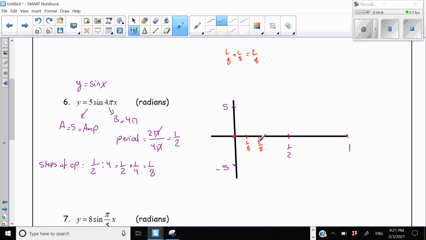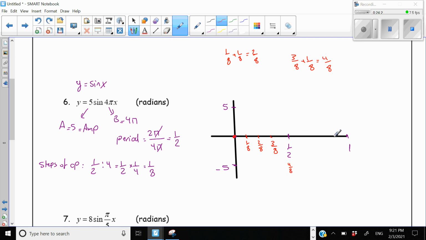Add another 1/8 to that. It will be 3 over 8. Add another one and you will reach 1 over 2, because 3 over 8 plus 1 over 8 is 4 over 8, and you simplify that as 1 over 2. So this is basically the same as 4 over 8.